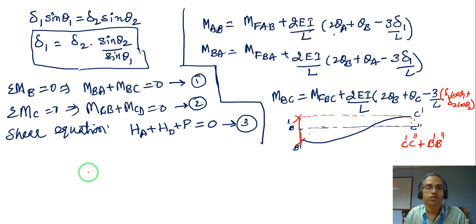Okay, so this completes the equilibrium equation for the member BC, that is, the end moments for the member BC.